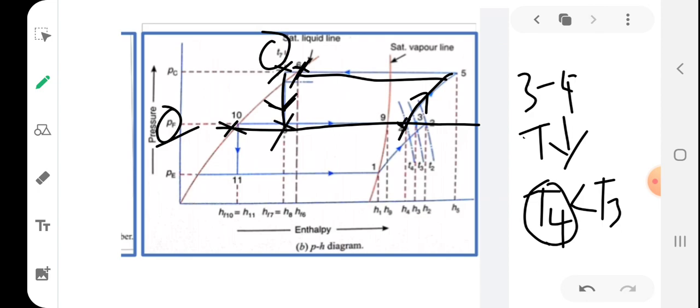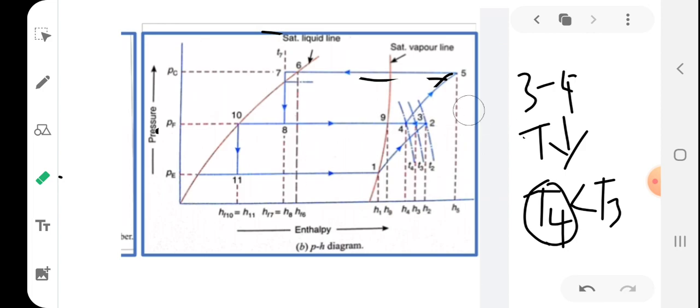So that intermediate pressure is the flash chamber pressure. The liquid coming from the condenser is expanded to the flash chamber pressure, so both the pressure and temperature get reduced.